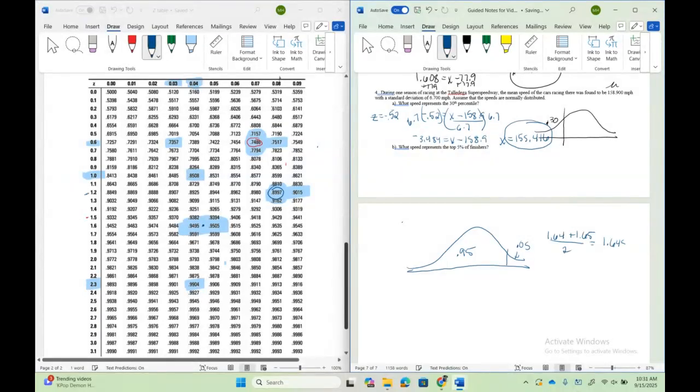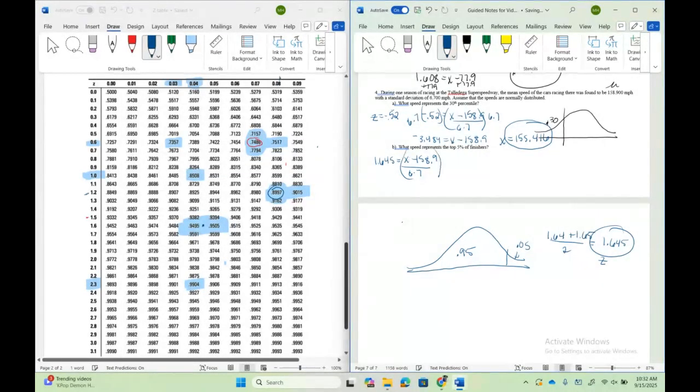So that's 1.645 as the z-score. We say 1.645 equals x minus the mean, divided by the standard deviation.